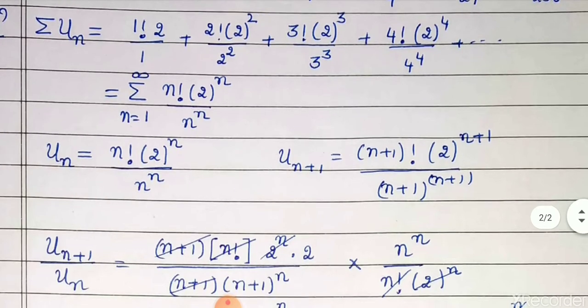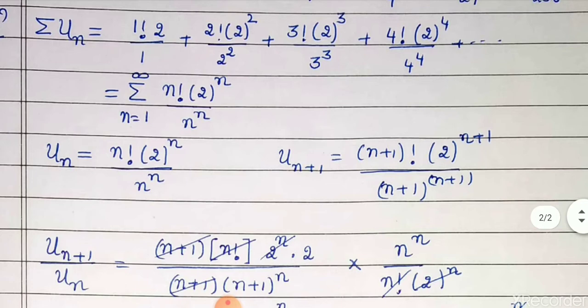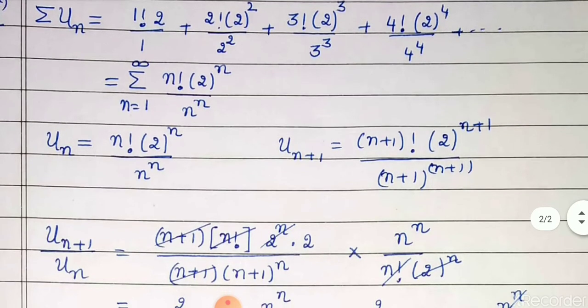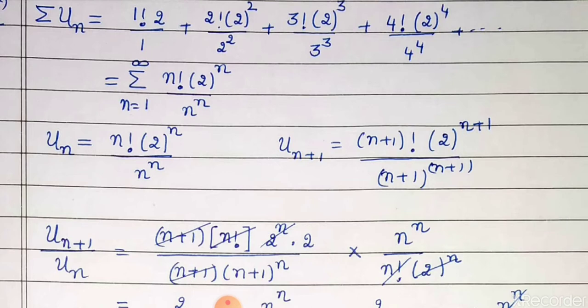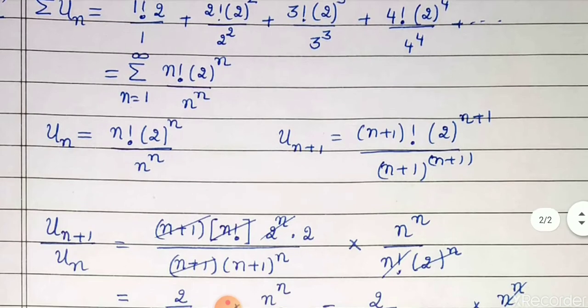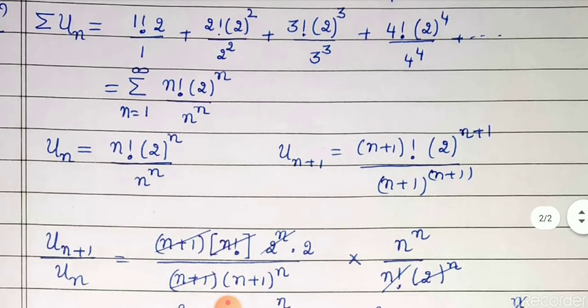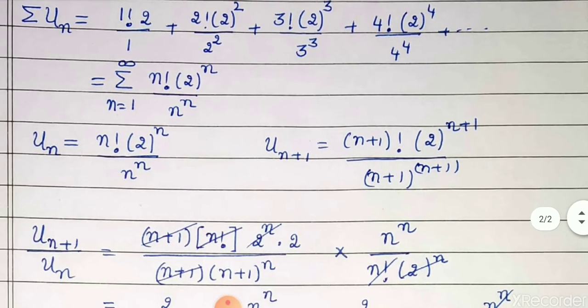Now since we have to go for the D'Alembert's ratio test, we are going to replace n by n plus 1. So it's going to be n plus 1 factorial. 2 raised to n becomes 2 raised to n plus 1. N raised to n becomes n plus 1 raised to n plus 1. Now here, how do we know we have to go for this D'Alembert's ratio test?